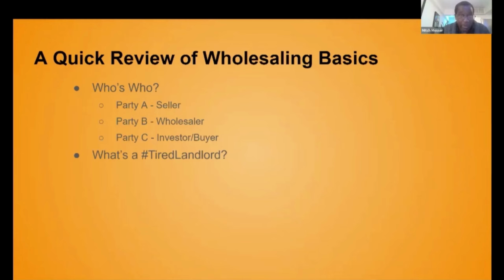And here we come to try to help that landlord solve their problem. Because as you can imagine, when the tenant stops paying them rent, that quote unquote asset that they had is no longer an asset, because they're no longer getting any rent, so they're no longer making them any money. And so it makes them wonder, well, why am I in this business in the first place if I'm not making any money? And our job is to help them go with that thought and perhaps sell that property to us. That's a tired landlord.